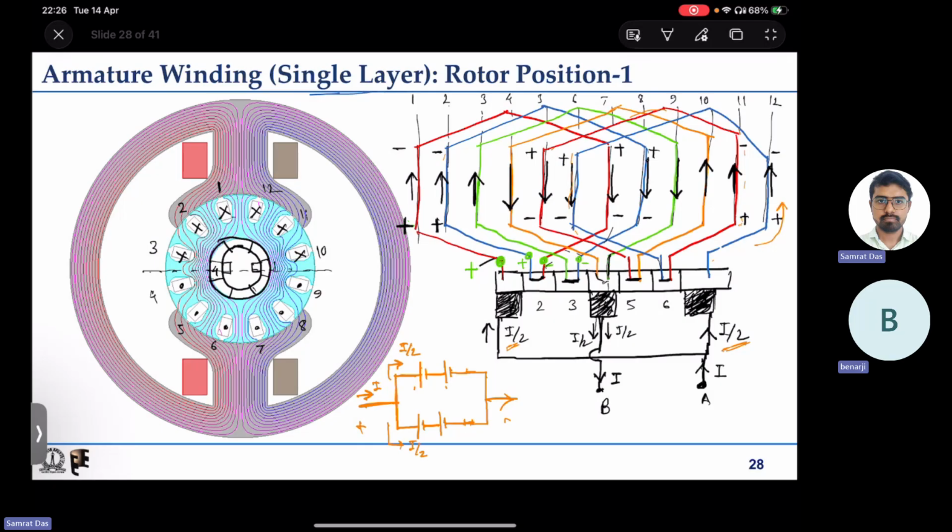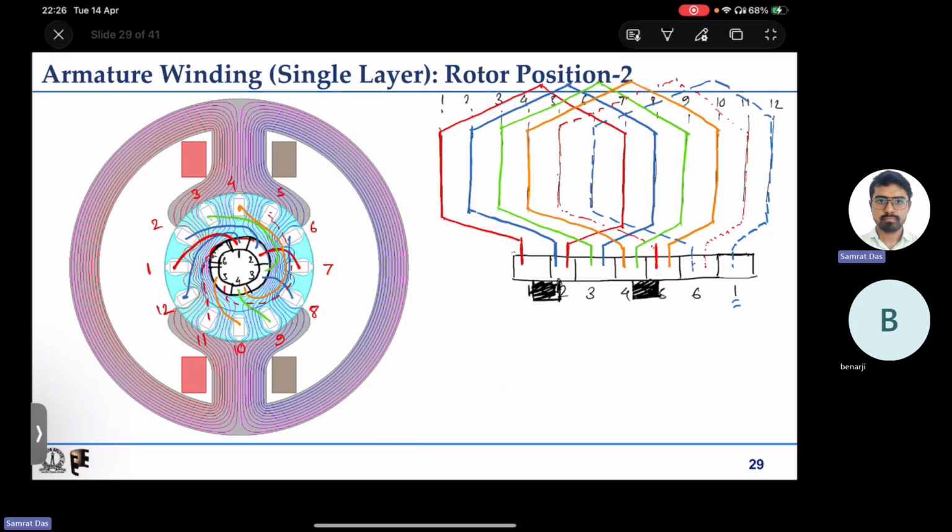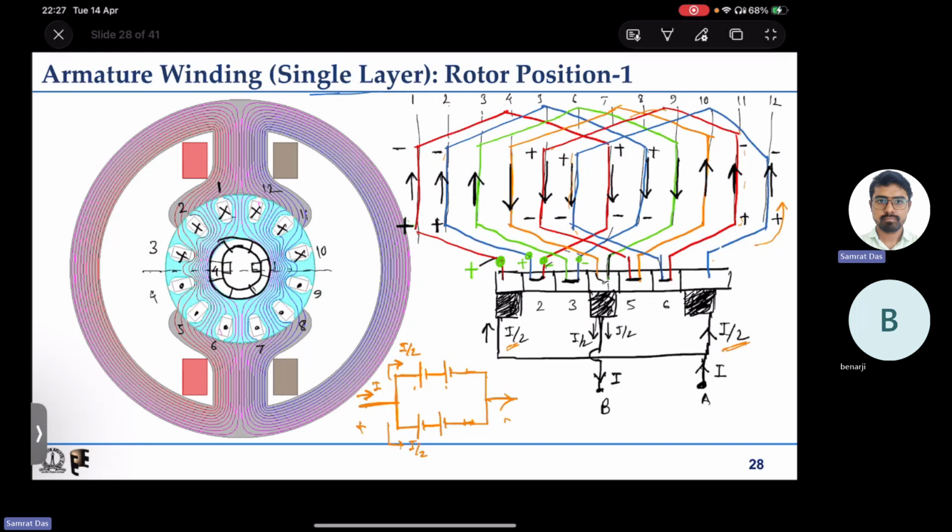Actually, my question is, why is this winding named lap? Is there any specific reason?